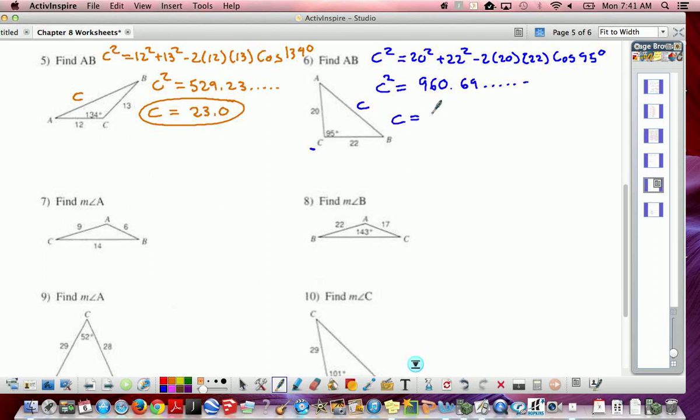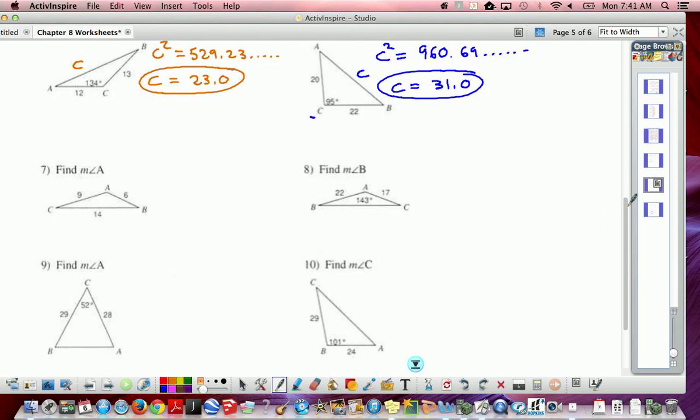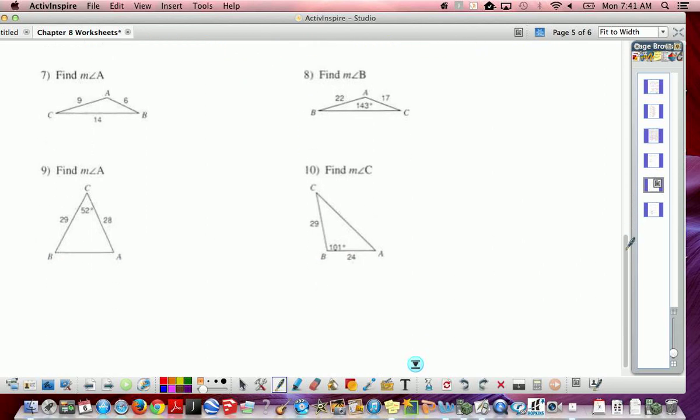Take the square root of it, C ends up being 31.0. Now 7, 8, and 9, you're now asked to find an angle. So basically what you're doing on 7, 8, and 9 is you're using the angle formula.